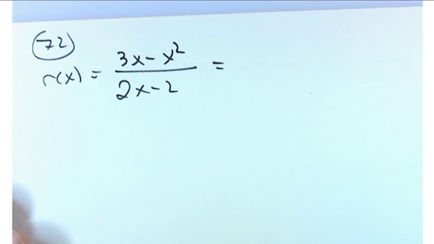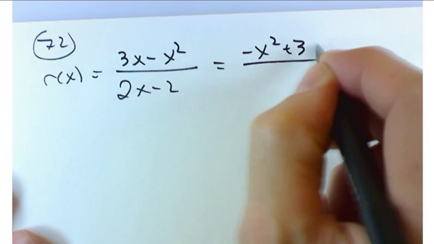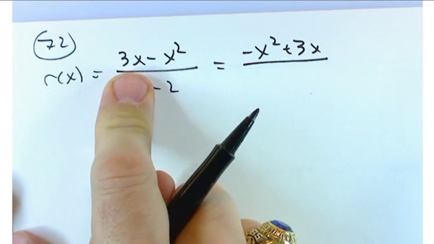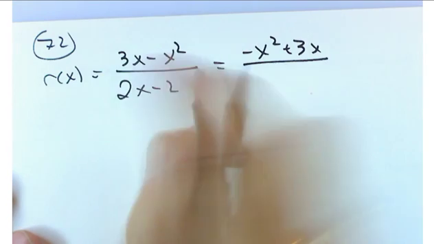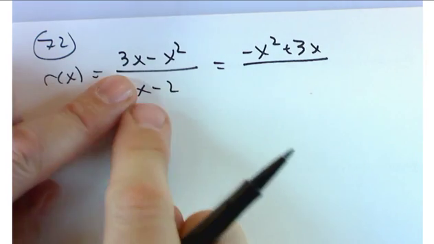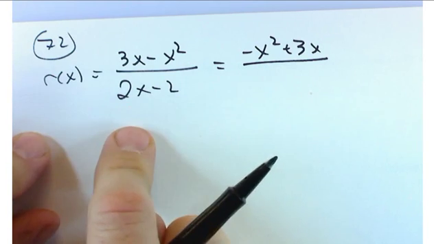Now, you need to be a little bit careful in this one if you're going to do it by synthetic division. There's really two things that are going to kind of mess us up. The first is that the numerator is in the wrong order. The second is that the denominator isn't just x minus something or x plus something. You've got that factor of a 2 here.